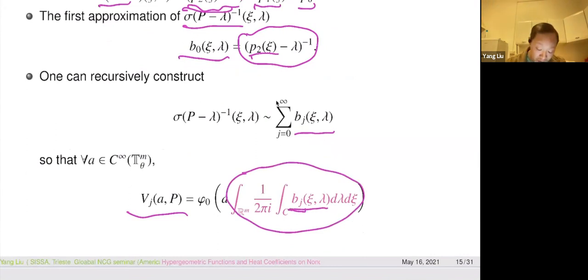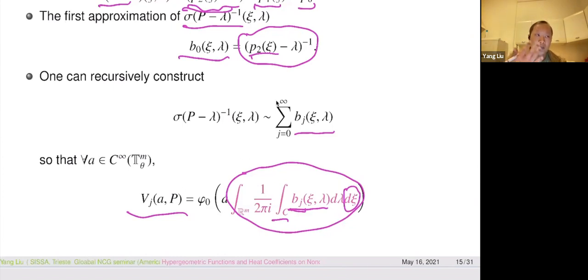Here, this part is the contour integral, from the contour integral where we define heat coefficients. Integrating against this psi variable comes from taking the trace.